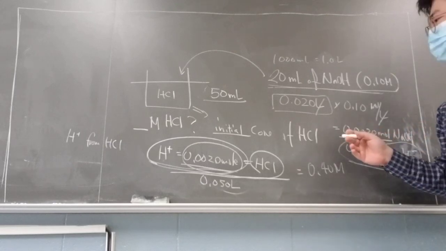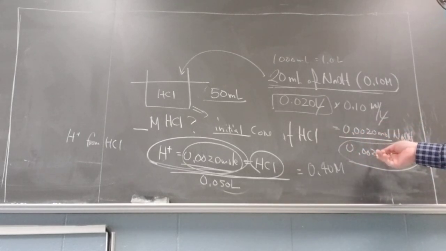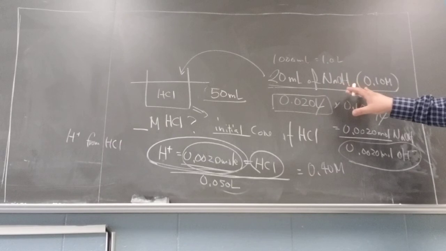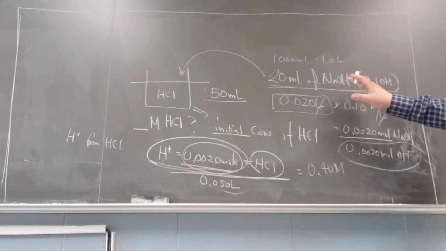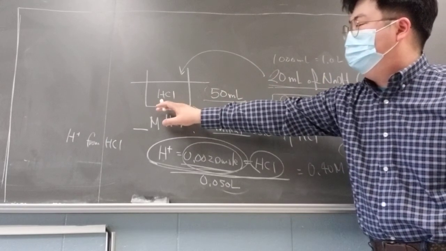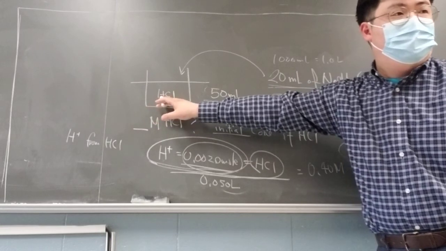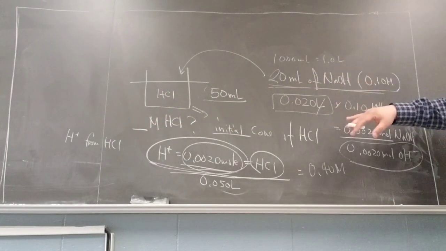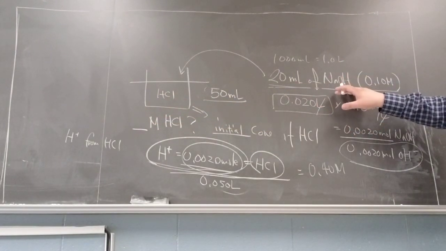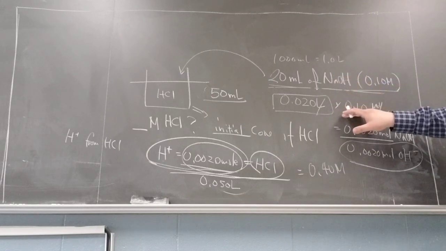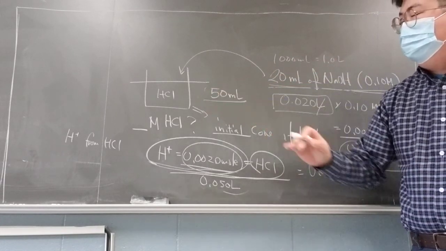The only thing you really need to know is to get the number of moles of your contacting ions. It could be the other way; I was looking for maybe NaOH here, HCl here, but it's the same. Try to get the number of moles of the contacting ions for your titrating sample.